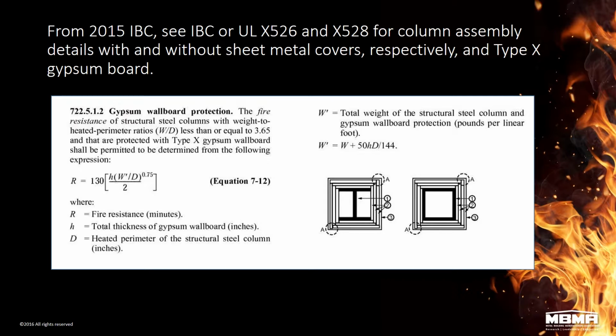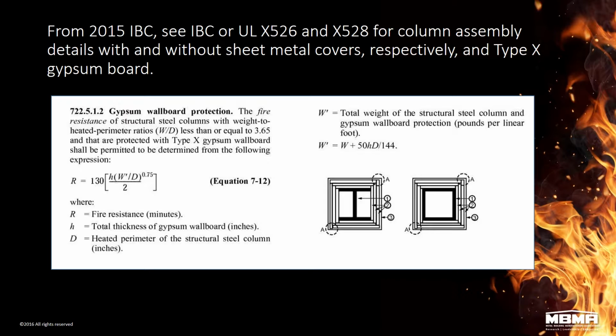It's also given in other publications, in the Gypsum Association, and also AISC design guides. Basically, what it gives you is a formula for fire resistance based on the heated perimeter ratio of the steel column itself.